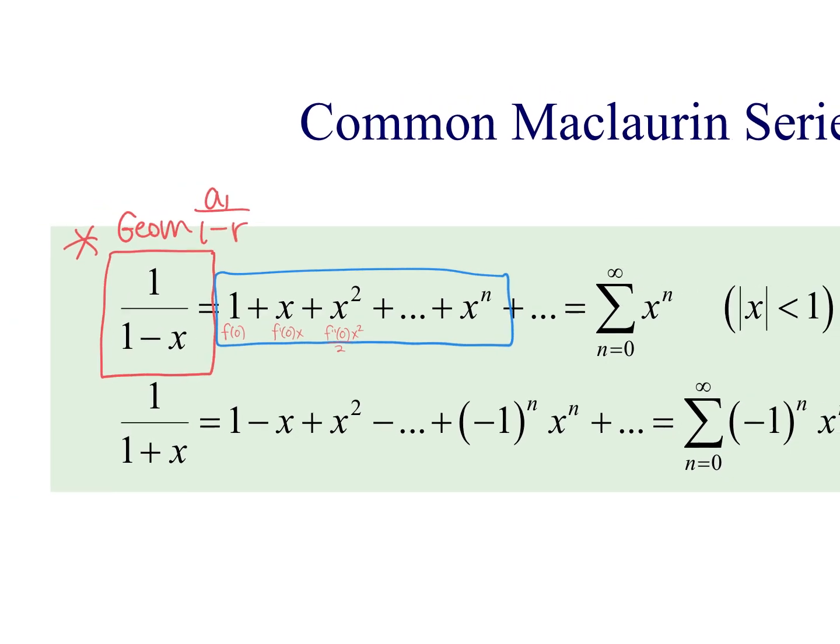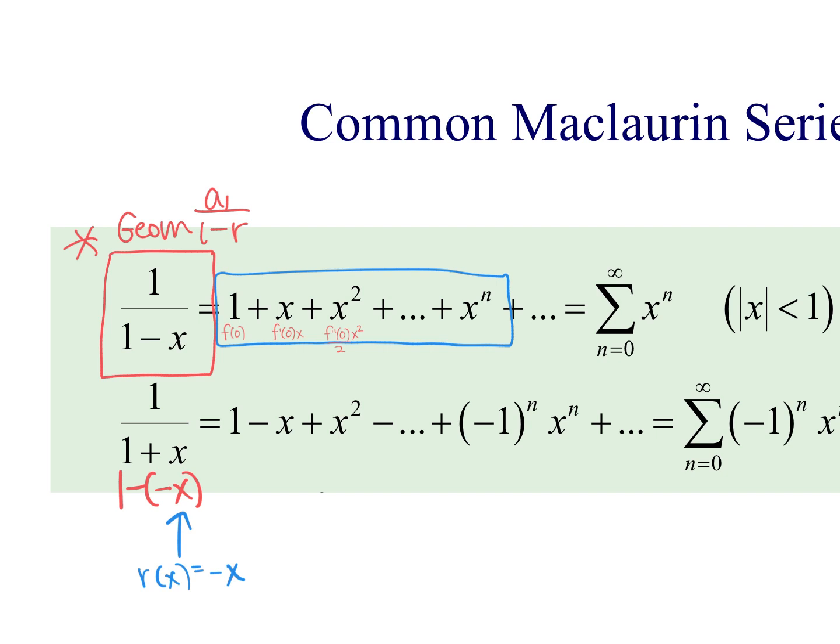The bottom one, 1 over 1 plus x, is also geometric because you can write this as 1 minus negative x. So the r value there becomes negative x, and that creates that polynomial.